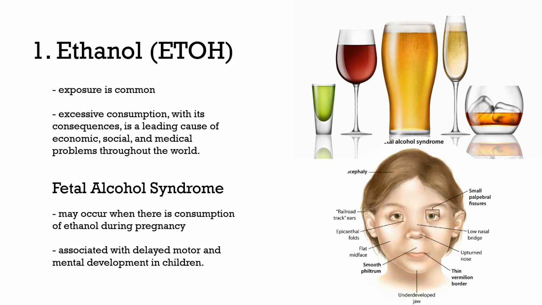So we can see small palpebral fissures, low nasal bridge, so pango, upturned nose, thin vermilion border, smooth philtrum, usually that indentation, underdeveloped jaw, flat mid-face, epicanthal folds here, railroad track ears, and a small head.